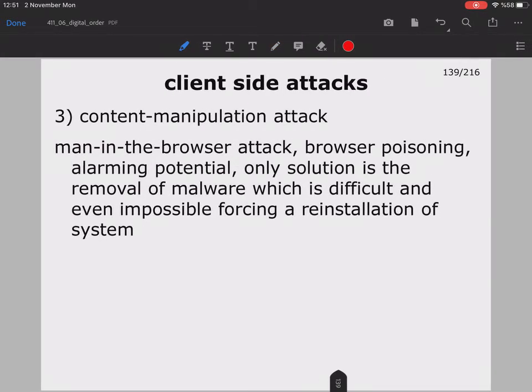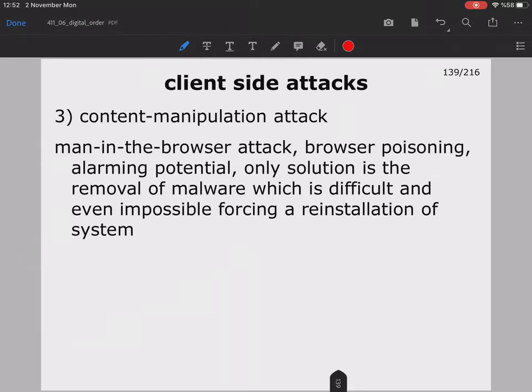And the content manipulation attack is also another type, also called the man-in-the-browser attack. It is done by browser poisoning, and your browser gets hijacked or something. It has an alarming potential, and the only solution is the removal of malware, which is difficult and even impossible, usually forcing reinstallation of the system.